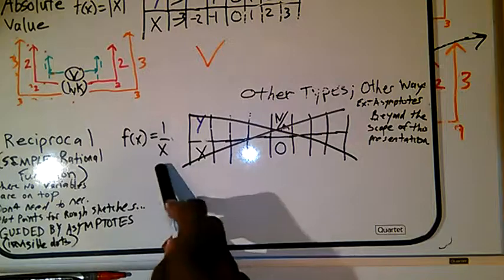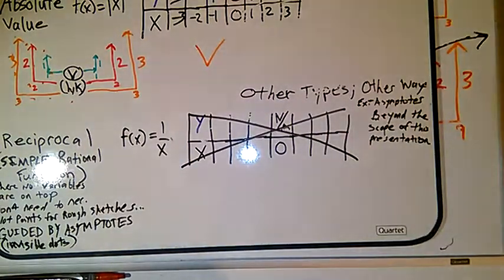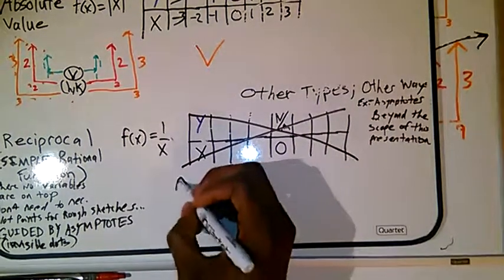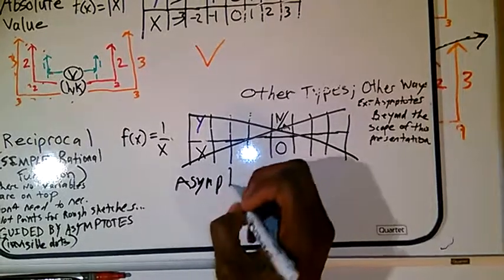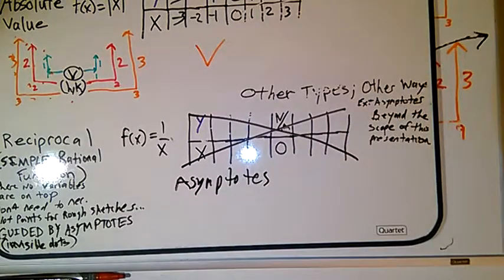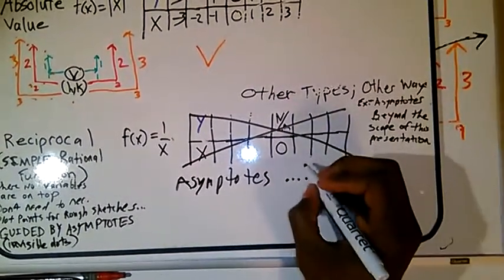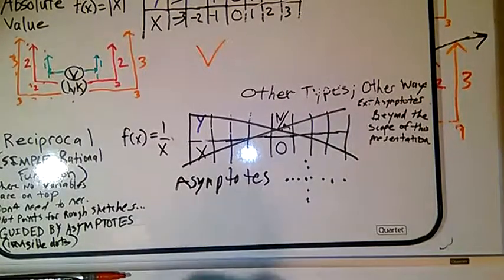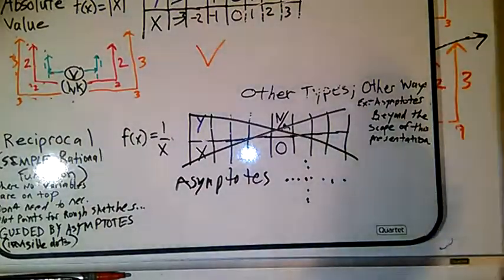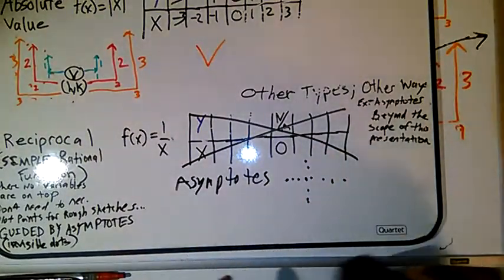When we're dealing with reciprocal functions, we're going to be guided by something called asymptotes. Okay, that's how it's spelled. Asymptotes are these invisible dots on the graph that go horizontal and vertical. Right now, it's beyond the scope of this presentation, so this is all I can tell you.